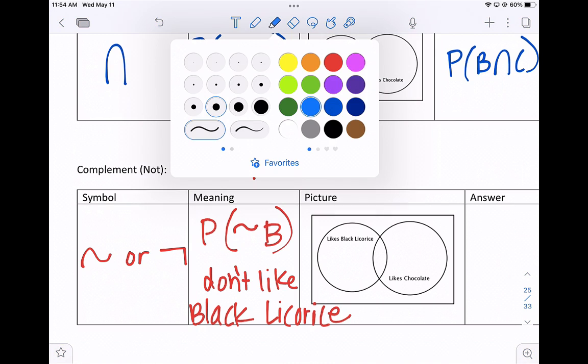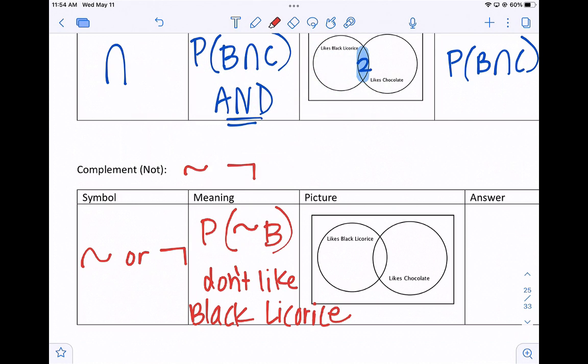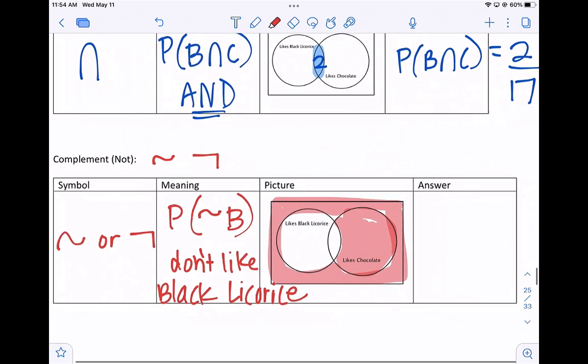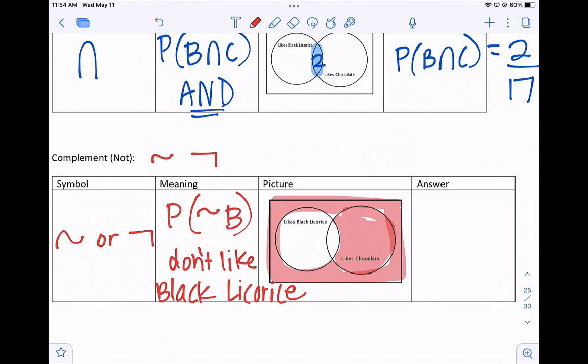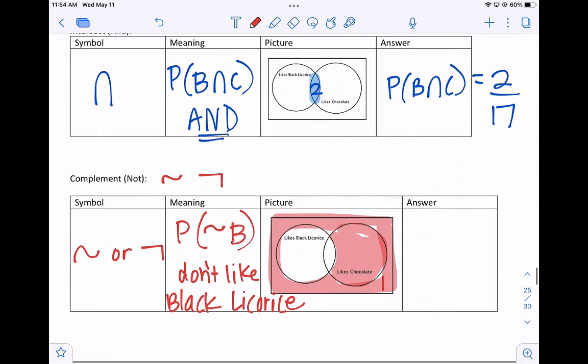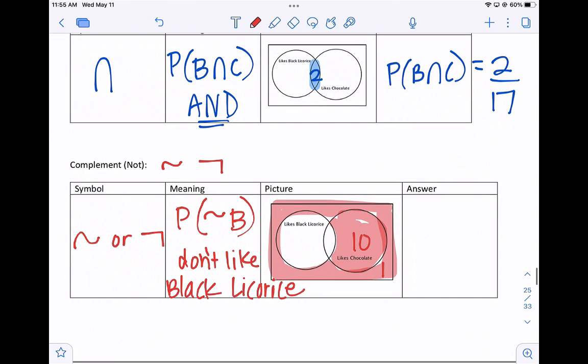If I were to highlight that area, it would be right here, and then it would also be on the outside right here. I would color that in. And for this sample space, it would be 11 out of 17.